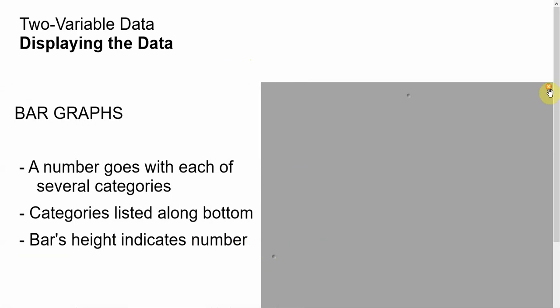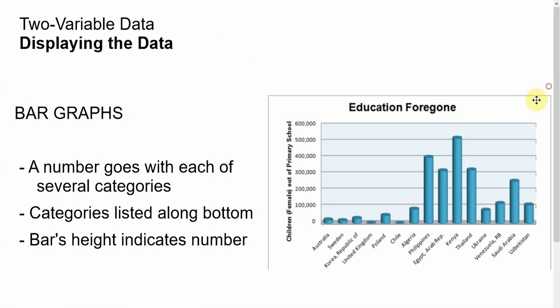And so in a bar graph, I have a different example here. What I have here is different countries, yes, but instead of having GDP, I have number of female children out of primary school. So children who should be in school, and in this case female children who are of the age that they should be in primary school, but for whatever reason they're not in school.